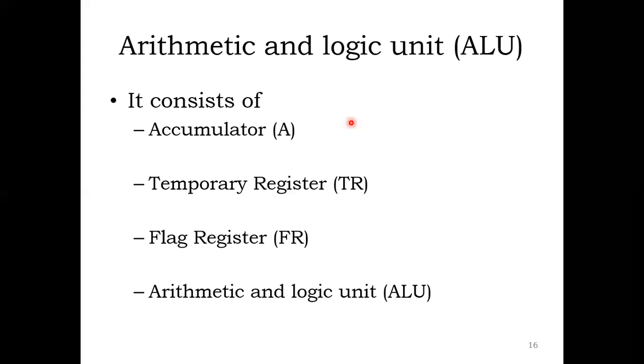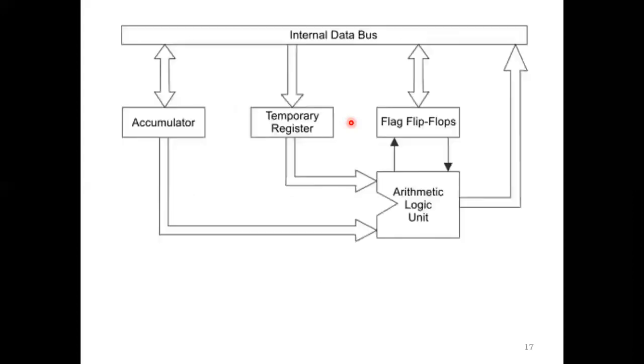Like that we can know the status of the arithmetic logic unit. So this is the ALU, accumulator, temporary register, and flag flip-flops, which are 1-bit storage devices. Then the arithmetic unit outputs to the internal data bus.